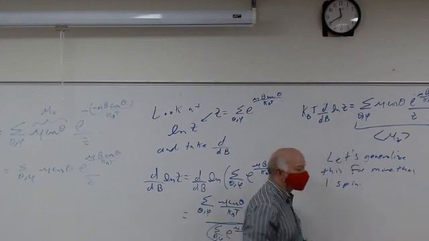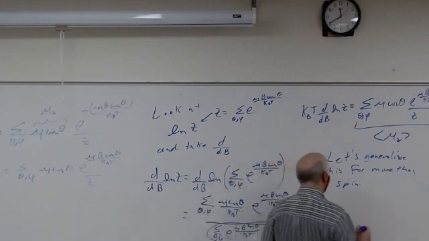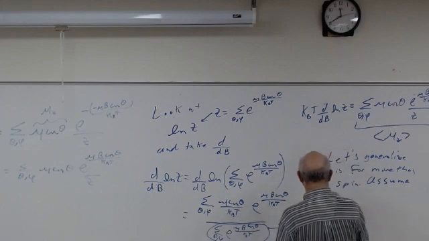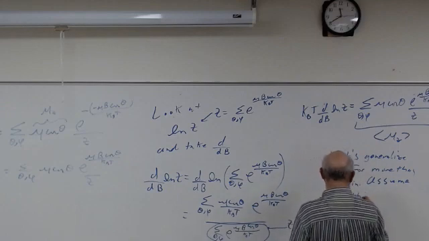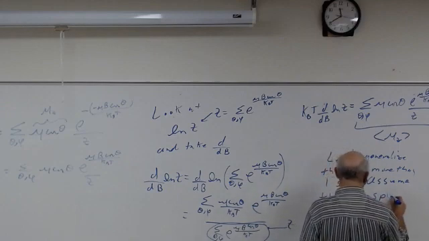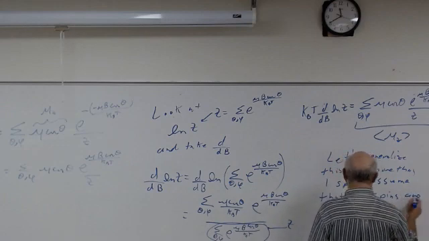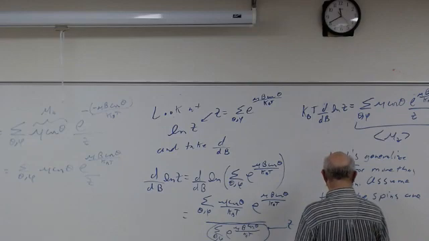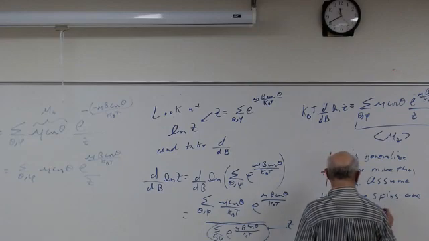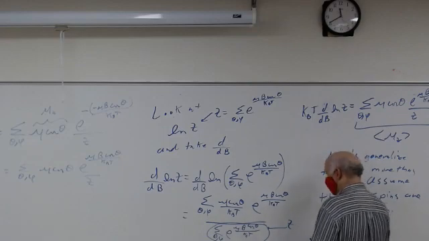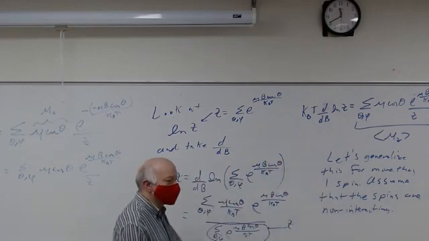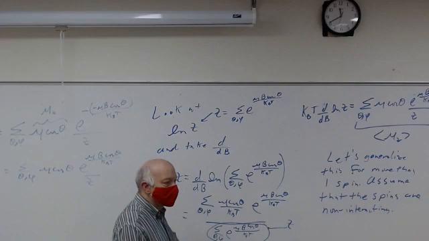We're going to assume that the spins are non-interacting. Now we know what happens here. If the spins are non-interacting, what is the Z for that entire system? Z1 to the N. Exactly.